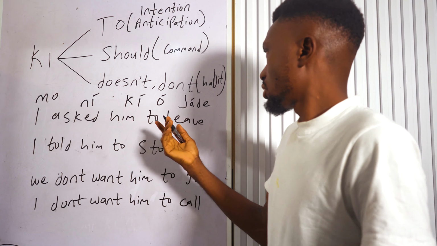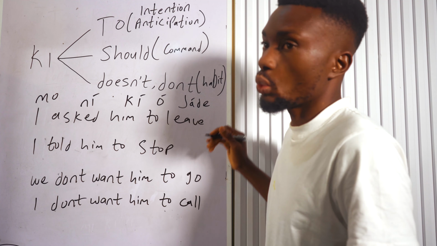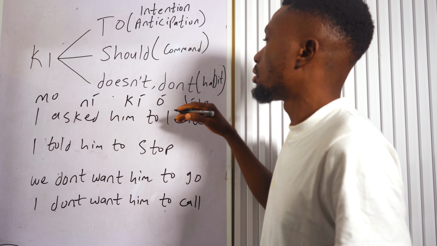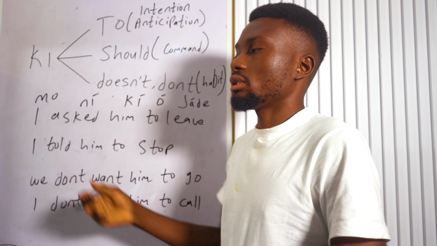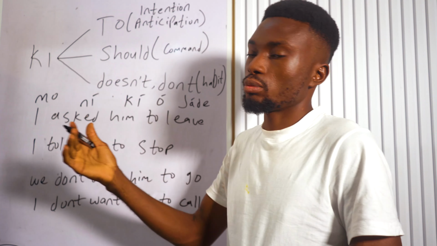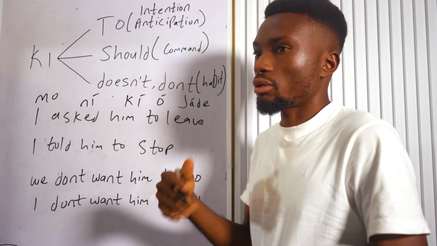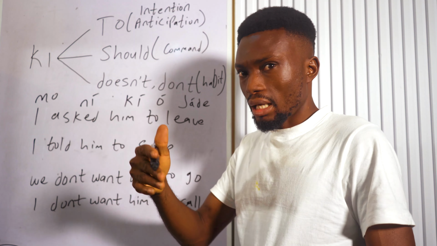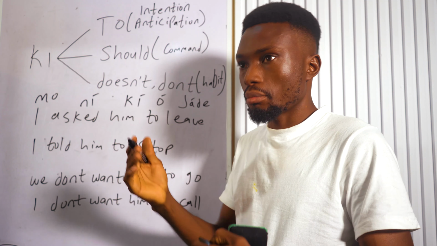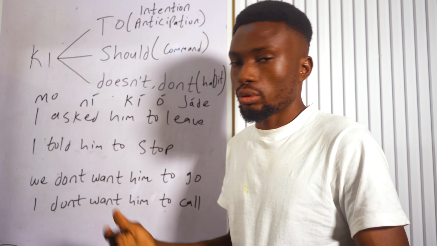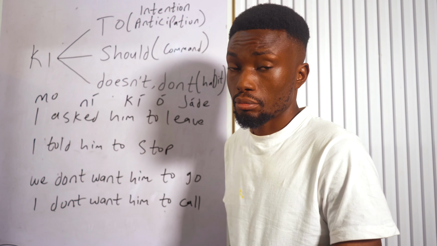But of course, if it is, I asked him to go, it is mo ní kí ó máa lọ. Ma is will in Yoruba, but Yoruba just use that like ma lọ, be going. It's also like a command. Yoruba use ma with a verb to show a little bit of command, like ma jẹun, be eating, ma lọ, be going, ma rẹ́rìn, be smiling.